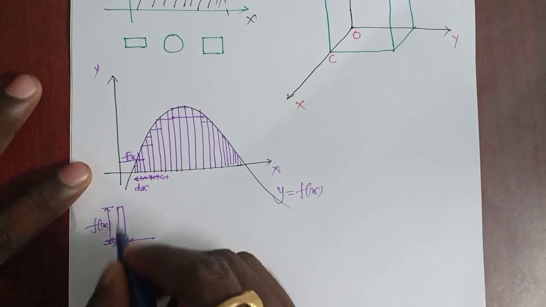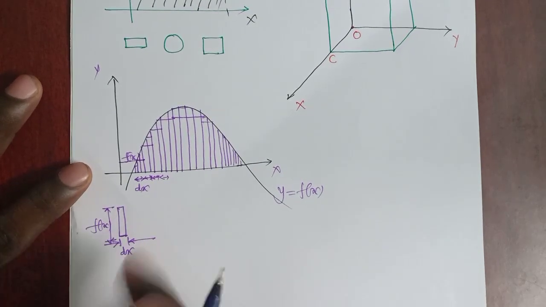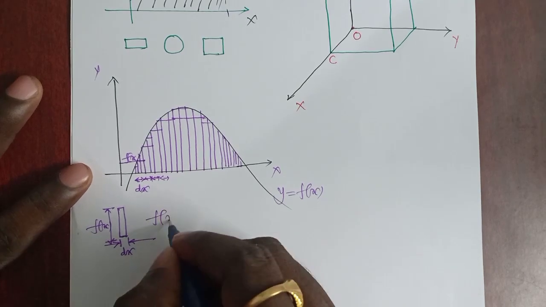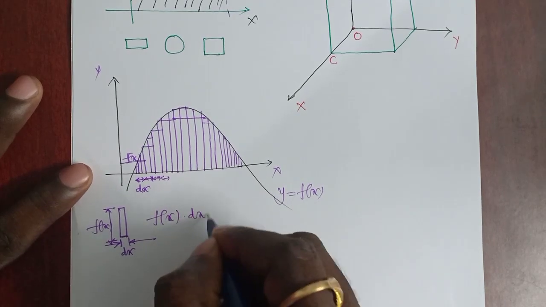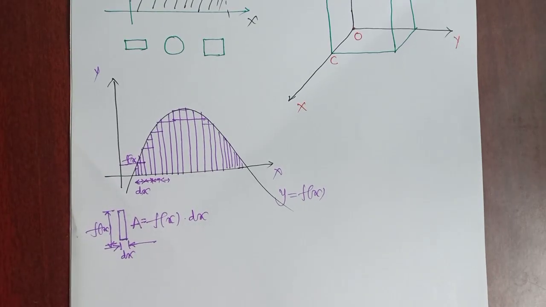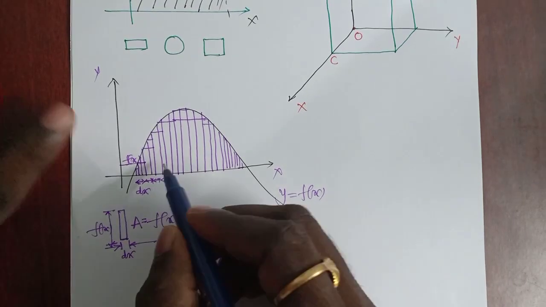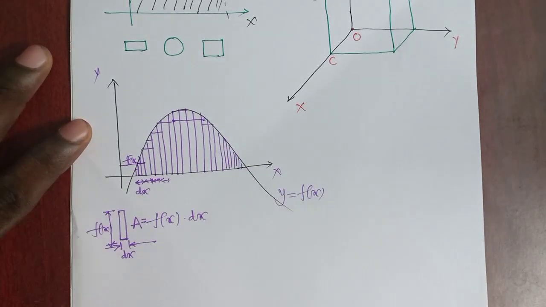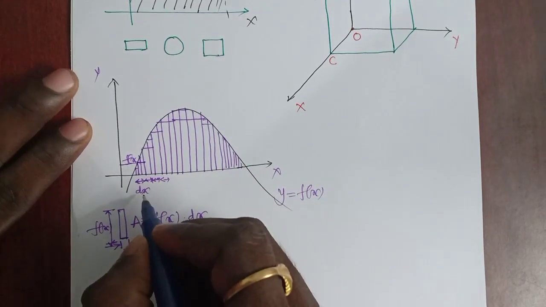Now what is the area of this rectangular box? Length into breadth, which means f of x into delta x. How many rectangular boxes do we have? An infinite number.